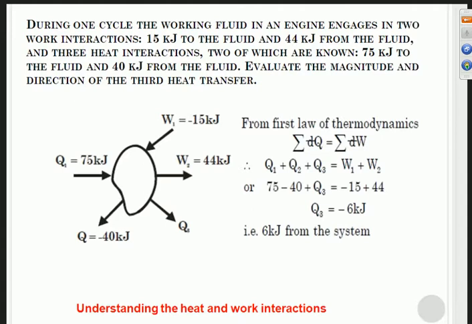From the first law of thermodynamics, the sum of all heat interactions is equal to the sum of all work interactions, whether to the system or from the system. Now as shown, Q1 plus Q2 plus Q3 is equal to W1 plus W2. Substitute all those values and evaluate Q3. It comes out as minus 6 kilojoules. That means Q3 is coming out from the system, that is, it is rejected from the system.